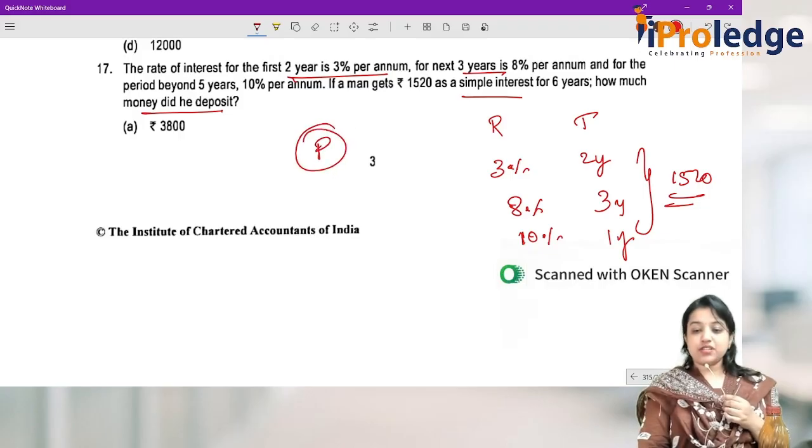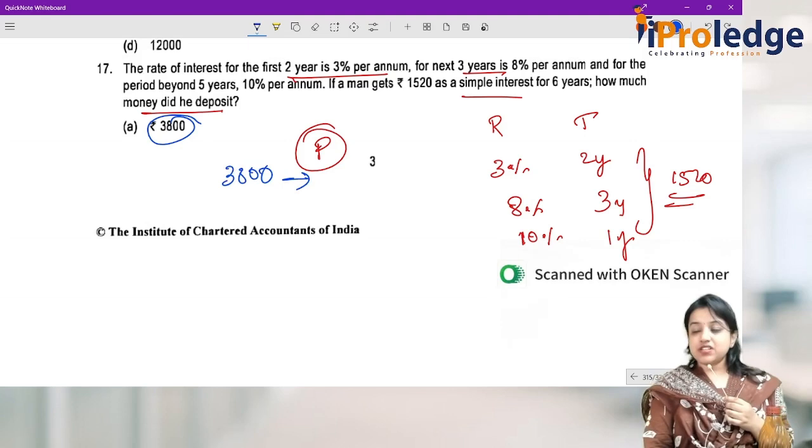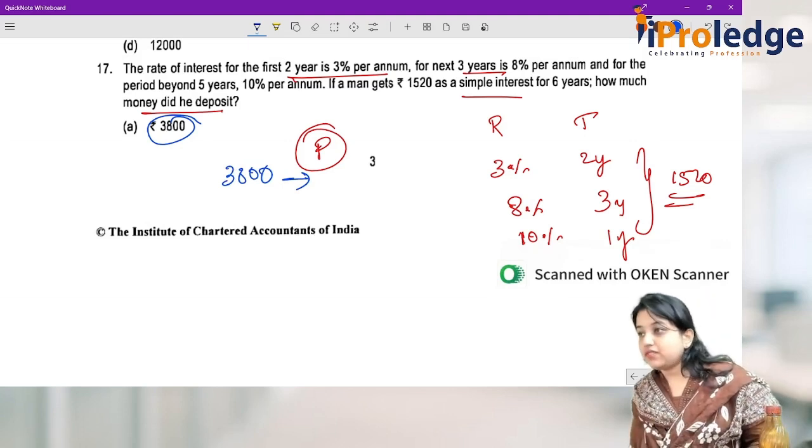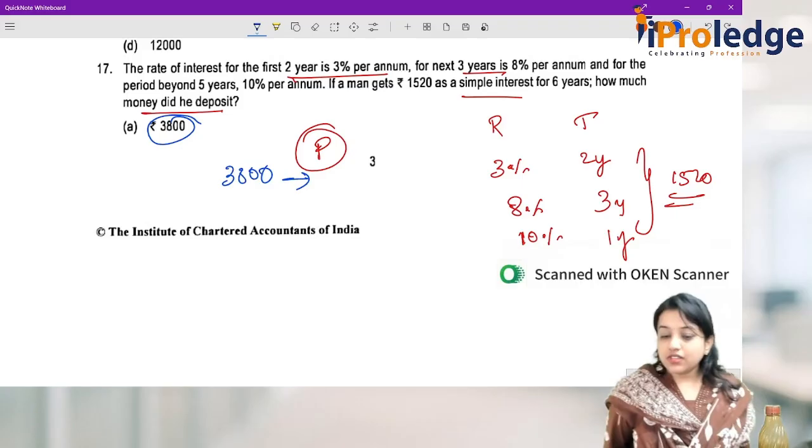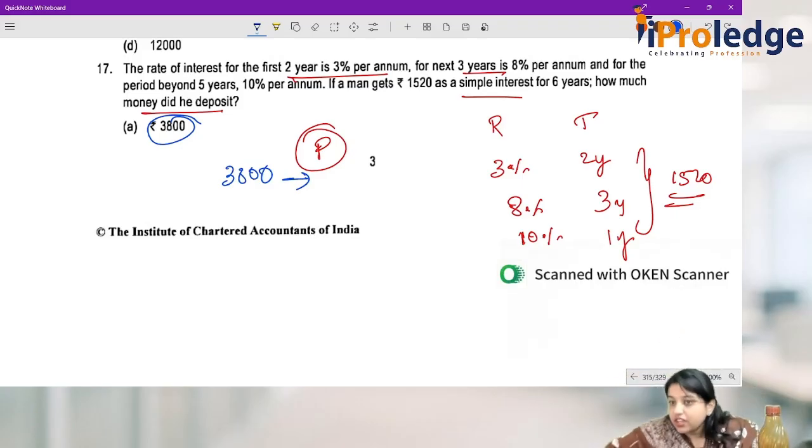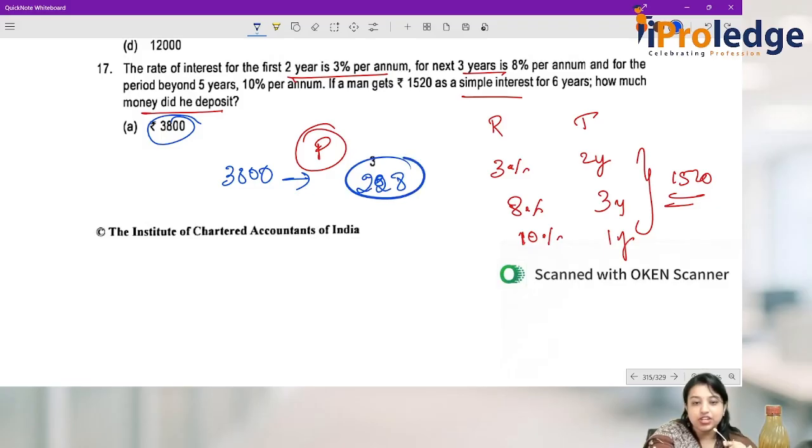First consider the principal using the option method. What do you take as the principal? 3,800. 3% for 2 years, simple interest: 3,800 into 3 into 2 divided by 100. How much? 228. Next, the same 3,800, because it's simple interest we don't add it. 8% for 3 years.